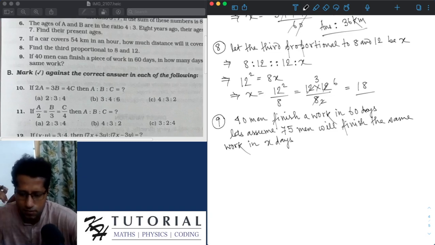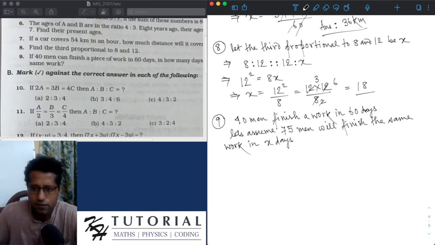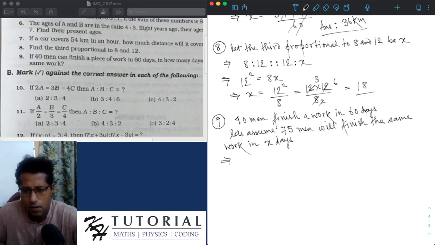The number of days in which one man finishes the job will always be the same. So if that is the same, then we must have the ratio 40 is to 75 equal to 60 days is to X.